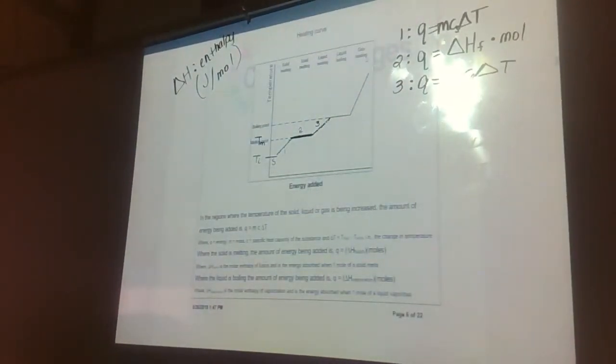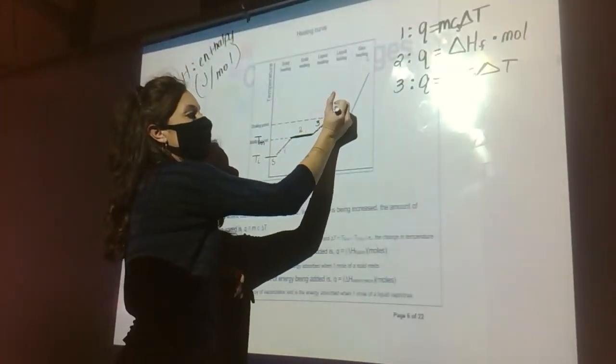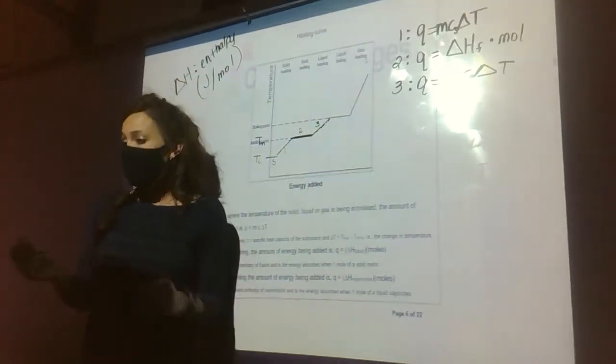Different phases have different specific heats. Ice has a specific heat that's different from water. Water has a specific heat that's different from steam. All materials have different specific heats based on phase. Okay? Liquid, liquid, liquid, liquid, liquid, then it starts to change phase again.